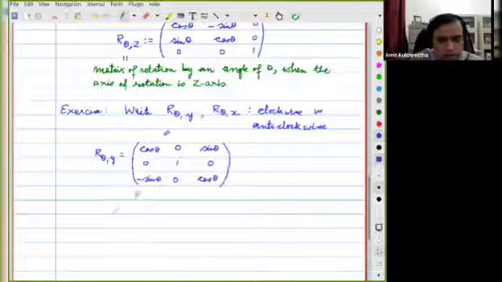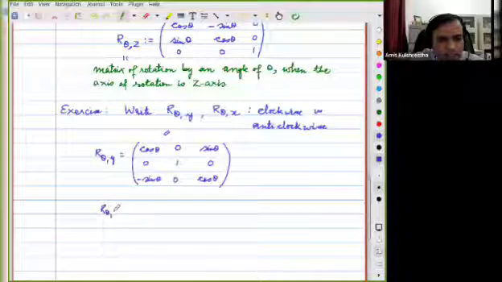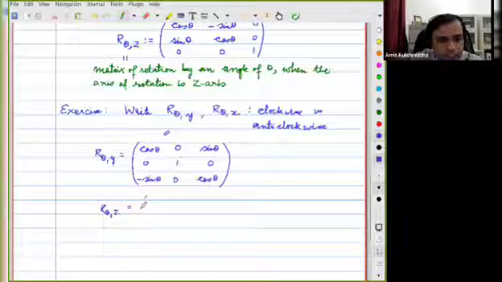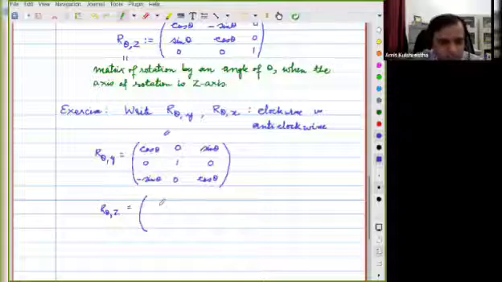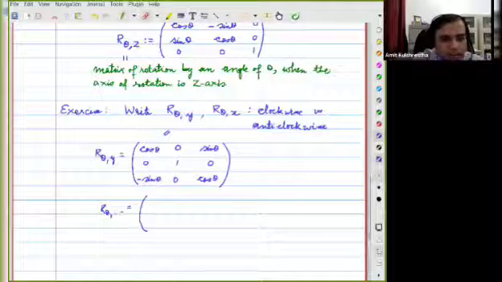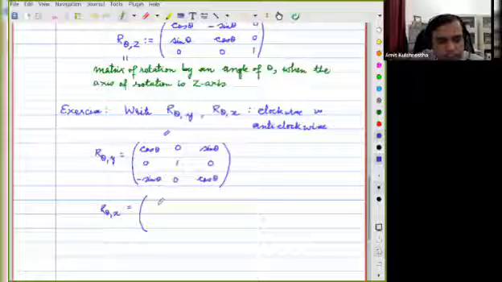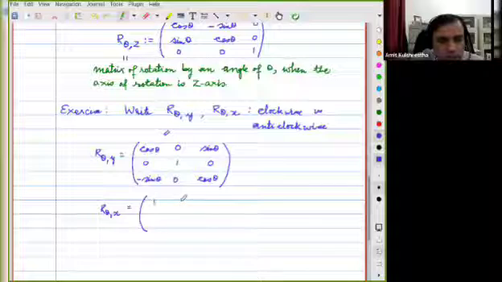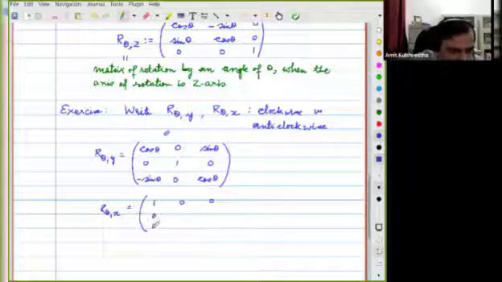And this is just a matter of choice actually. In R theta z, you could have taken minus sine theta up there also and said that, okay, for me clockwise has some other meaning. And for z, I have already written. R theta x is, so here 1 0 0, 1 0 0, right?